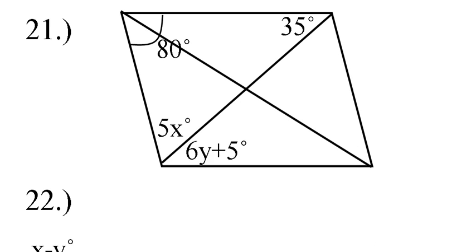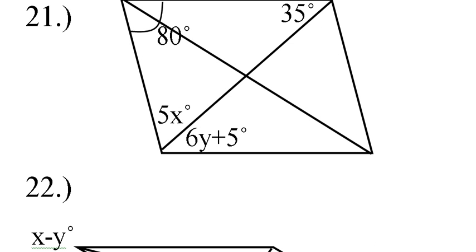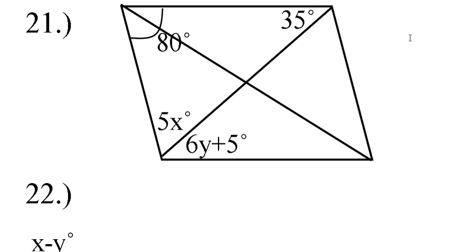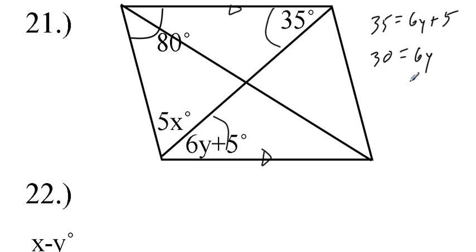Okay, 21. If we're looking to find x and y here, since this is a parallelogram, these sides are parallel. So that means this angle and this angle are opposite interiors. So 35 is equal to 6y plus 5. So 30 equals 6y, and y is 5.